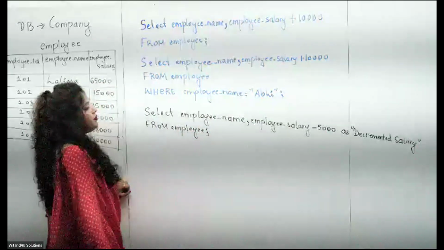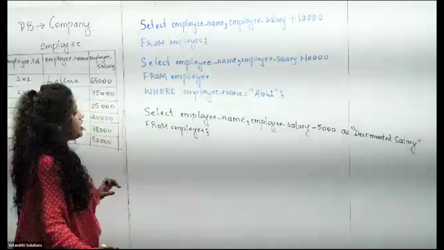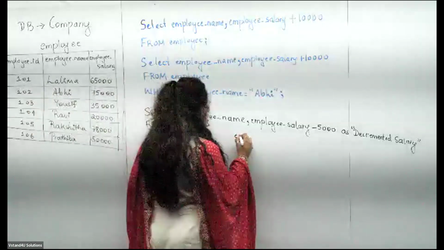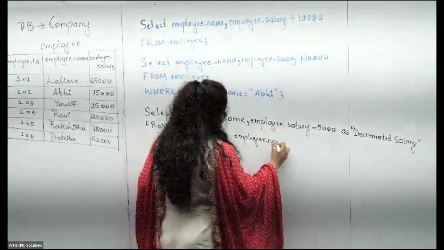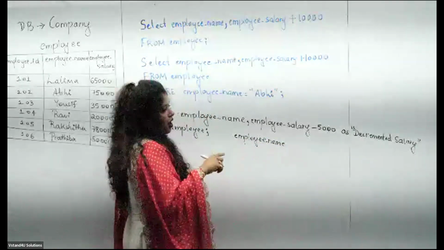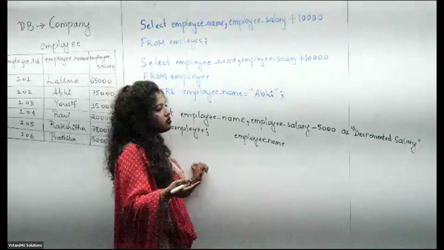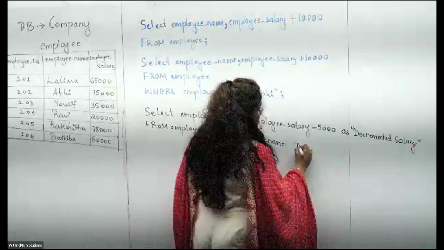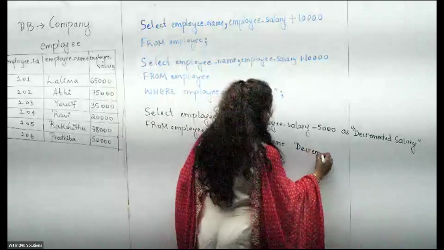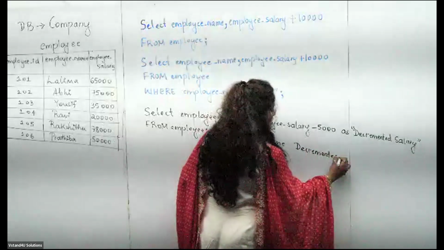So now you tell me what output I will get. Here I will get both the employee name and employee salary minus 5,000 as decremented salary.